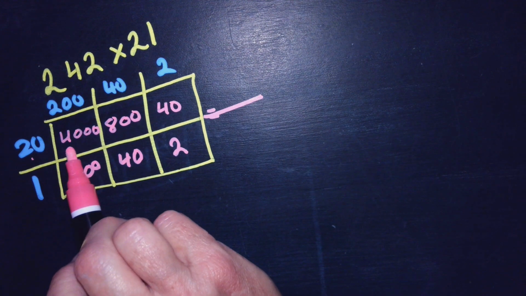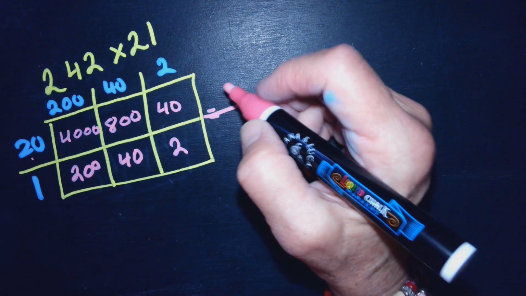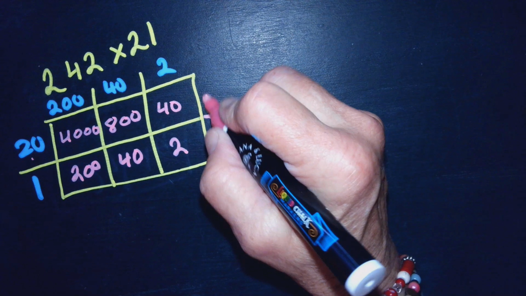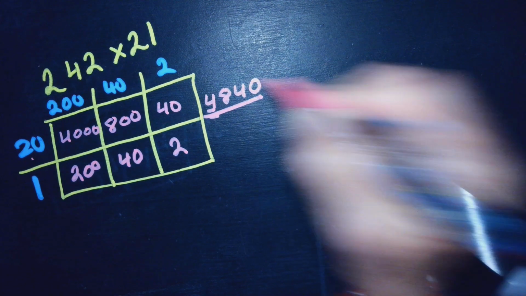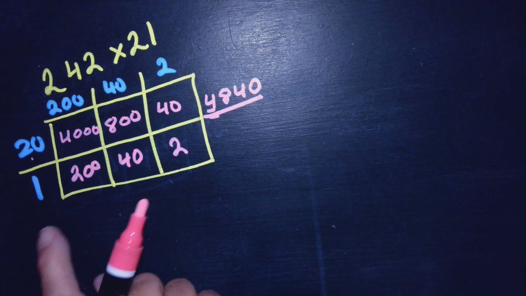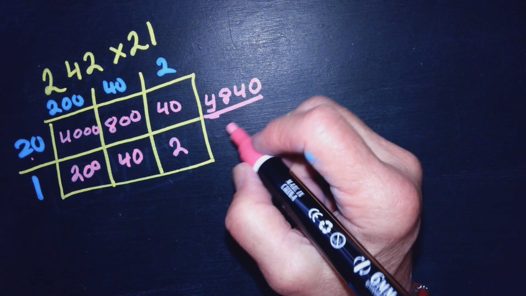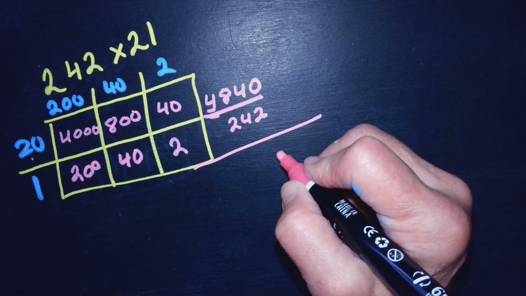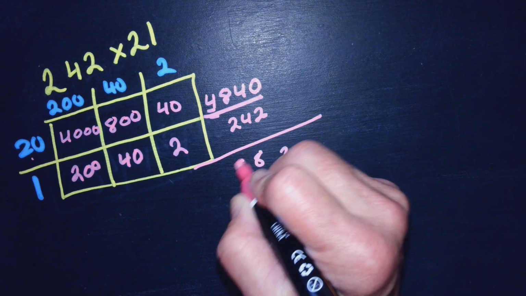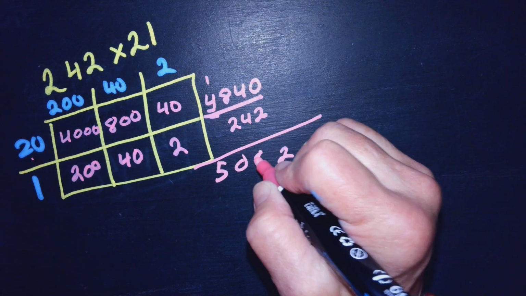But if I add 4,000 plus 800 plus 40, that's going to be equal to 4,840. If I add 200 plus 40 plus 2, that's going to be equal to 242. And when I add those together, I'm going to get 5,082.